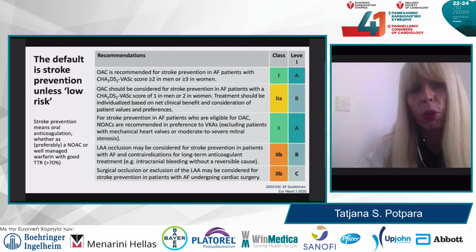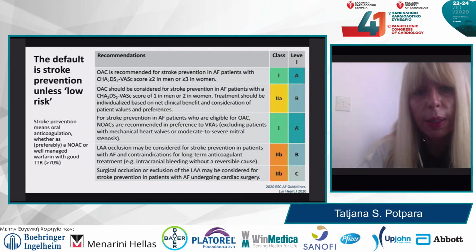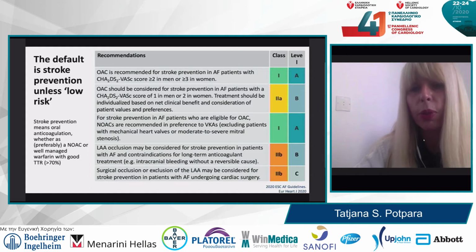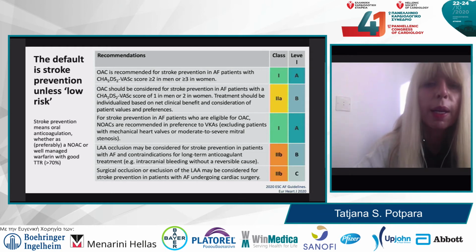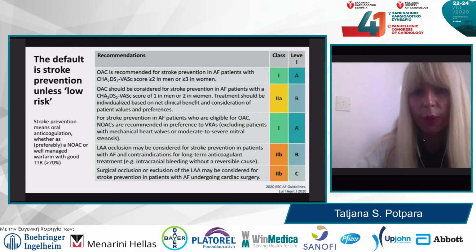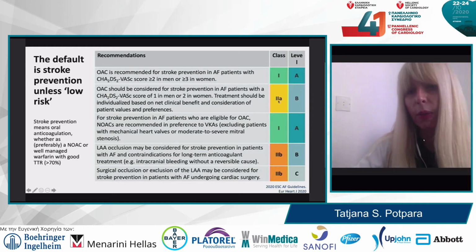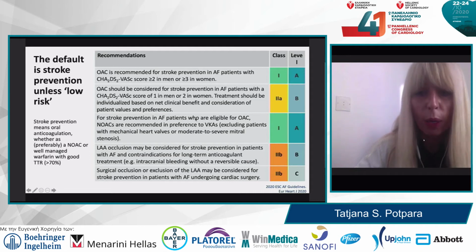Once stroke and bleeding risk have been assessed, there is a class 1 recommendation that oral anticoagulant therapy should be used in patients with a CHA2DS2-VASc score of 2 or more if they are male, or 3 or more if they are female. For those with a single non-sex-related stroke risk factor, the use of oral anticoagulant therapy should be considered as well.